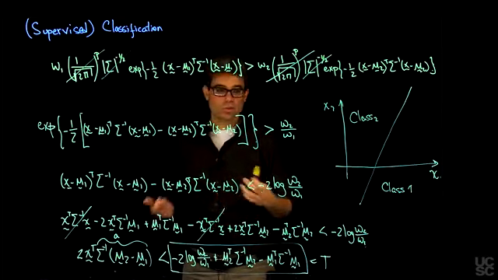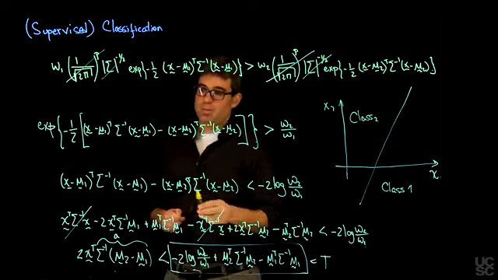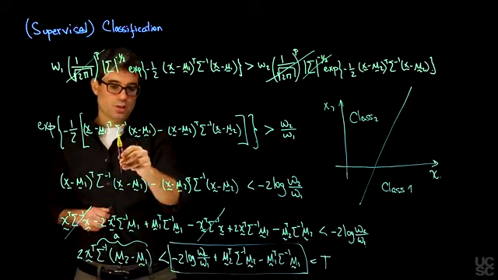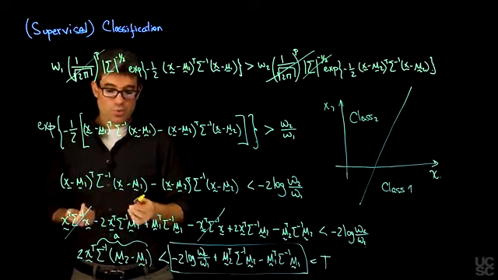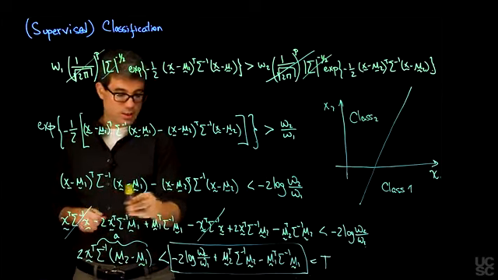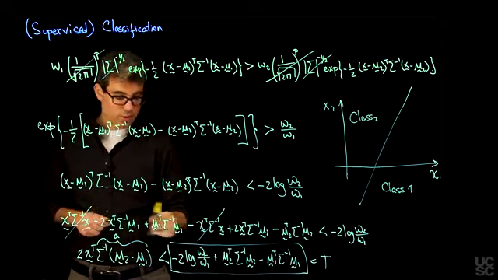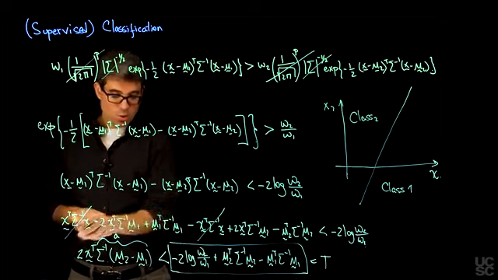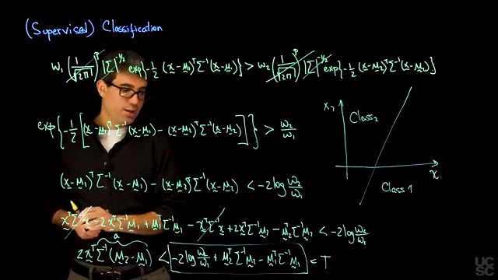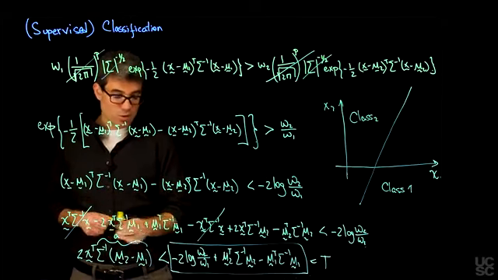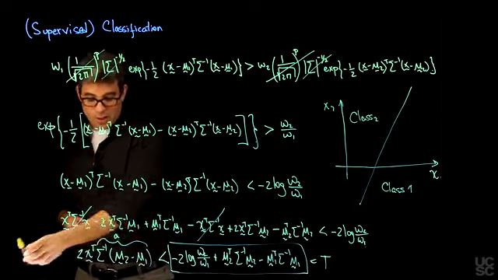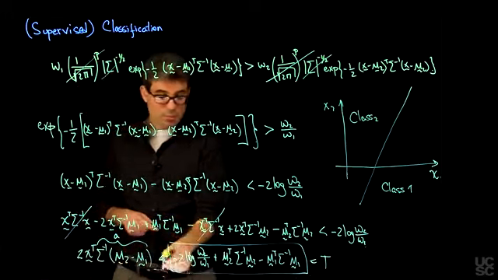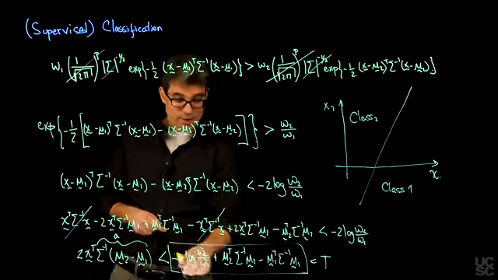Now, there are some more interesting things that you can do. For example, you don't have to assume that the sigmas are the same. You could assume that the sigmas are different. If you were to do that, then you would be in a situation that is analogous to this one, with the main difference being that now these terms here wouldn't necessarily simplify. But then you can rearrange terms in such a way that now you're going to have a quadratic form of x being less than a certain threshold.